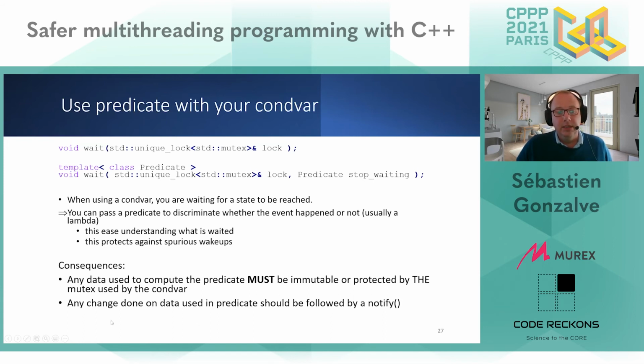The second consequence is that if you change your data in some way, you should probably call notify on the condition variable just following your code, because it's the only way to make the predicate get evaluated in the end.